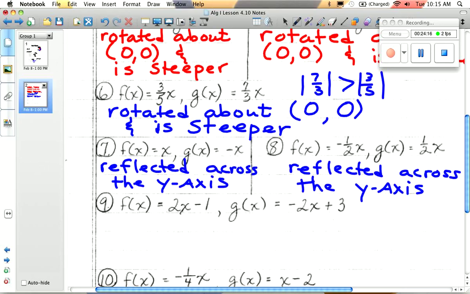Now, even though we're not comparing this to the parent function, tell me something about comparing it to the parent function. Are they steeper or less steep than the parent function? Less steep. Because remember, the absolute value of their slope is smaller than the slope of the parent function.